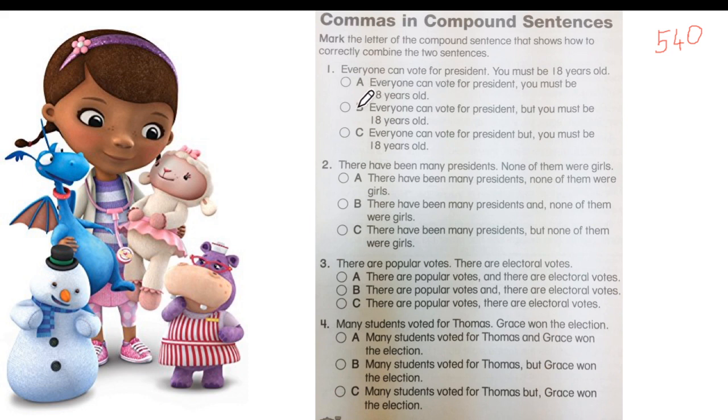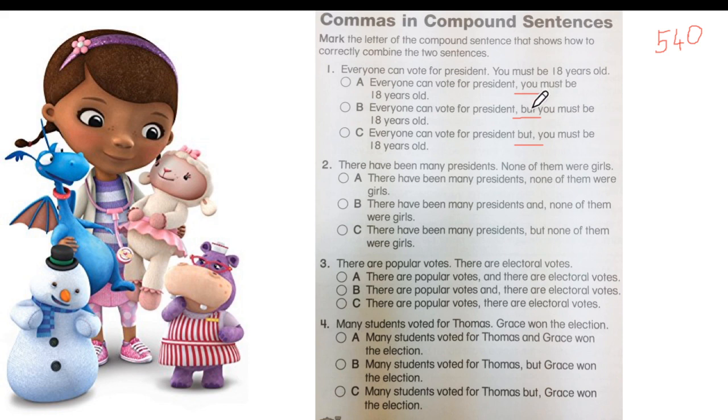Or B, everyone can vote for president, comma, but you must be 18 years old. Or C, everyone can vote for president, but, comma, you must be 18 years old. Which one is correct? This one where you have comma and you, or this one with comma and but, or this one with but and then comma?